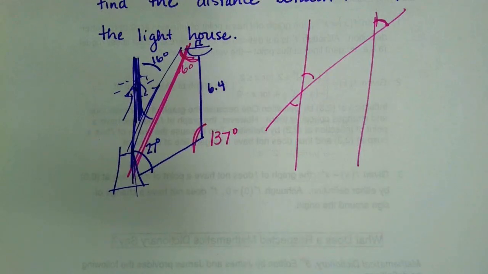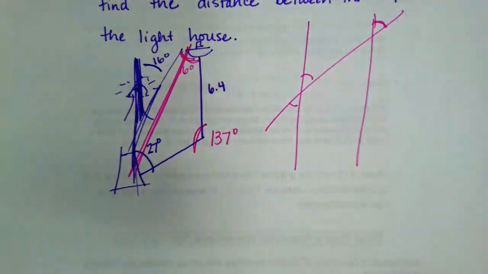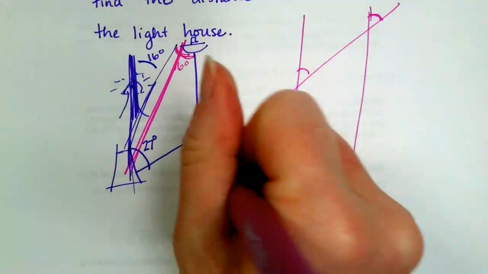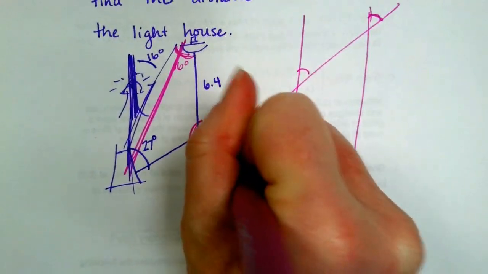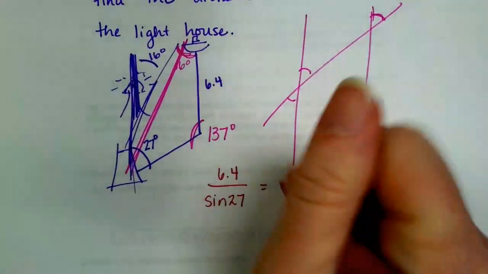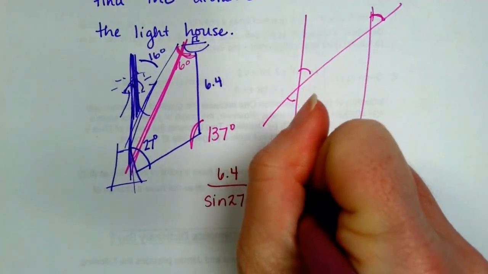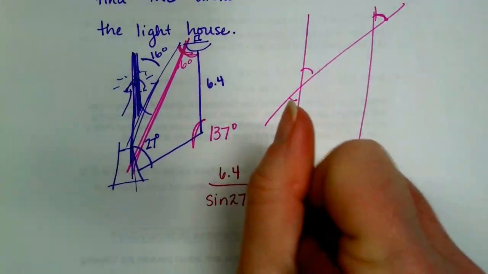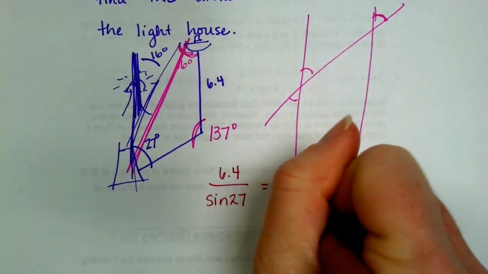I have the completed ratio that I have is my 6.4 and my 27. So I have 6.4 over sine 27 equals, I'm going to put D for distance, over sine of 137.